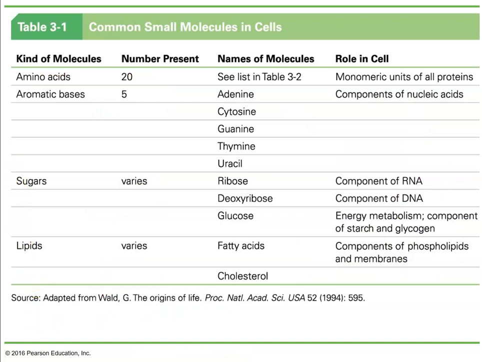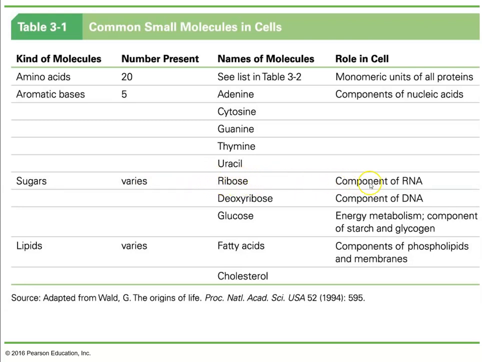In the previous chapter, we talked about some of the macromolecules, the common small molecules in cells. Amino acids, we need at least 20 of these, and they are going to be components of our proteins in our cells. We have aromatic bases: adenine, cytosine, guanine, thymine, and uracil. We have different types of sugars based on where they're interacting off the chain.